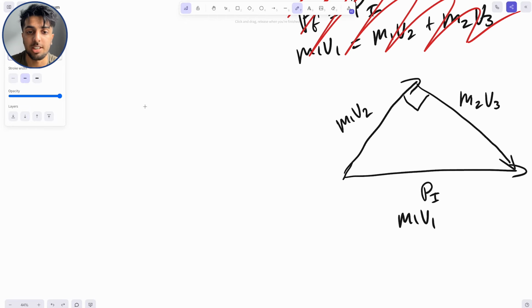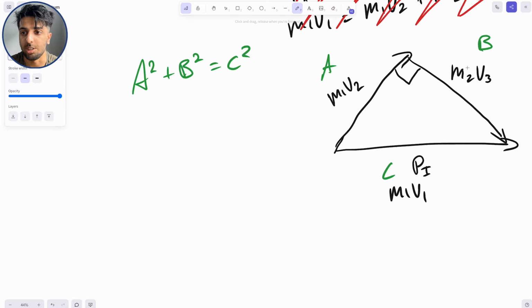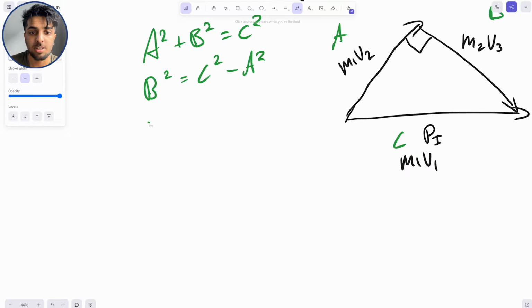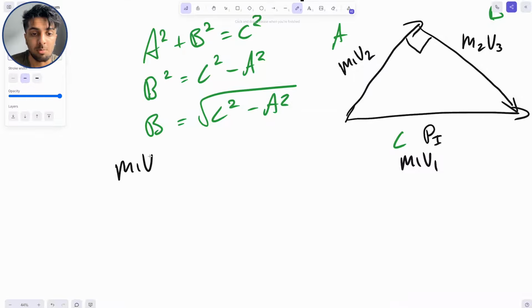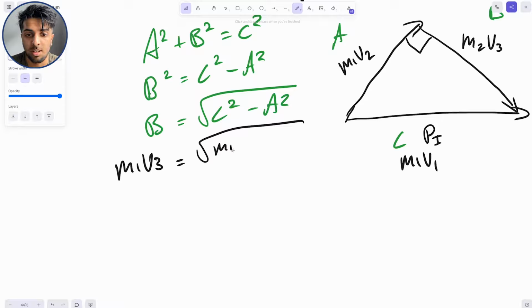So we can use our trig for that, so we know that a squared plus b squared is equal to c squared, where this is our c, this is our a, and this is our b. So rearranging for b, we get b squared is equal to c squared minus a squared, and so b is equal to the square root of c squared minus a squared. m2 v3 is equal to the square root of m1 v1 squared minus m1 v2 squared.